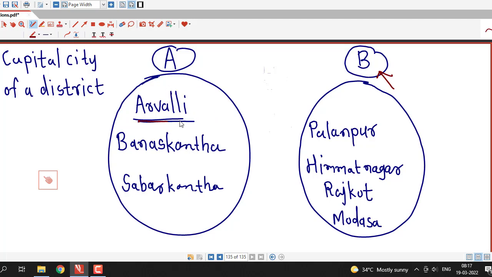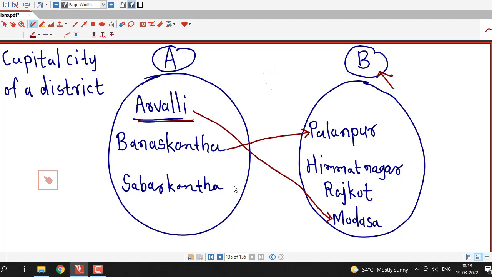So if we consider Arvalli, then we know that the capital town of Arvalli district is Modasa. So Arvalli will be assigned Modasa from this set. Then we consider Banaskantha. The capital town of Banaskantha is Palanpur. So Banaskantha is assigned this Palanpur city.